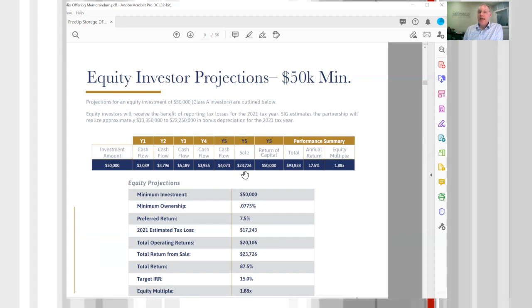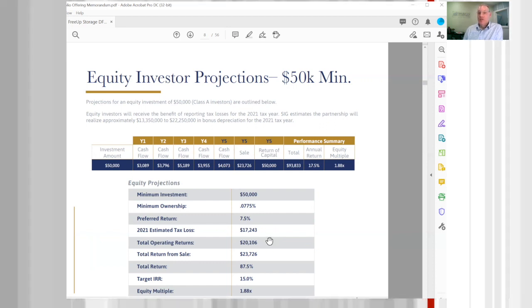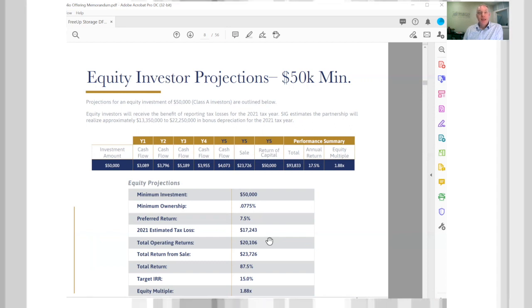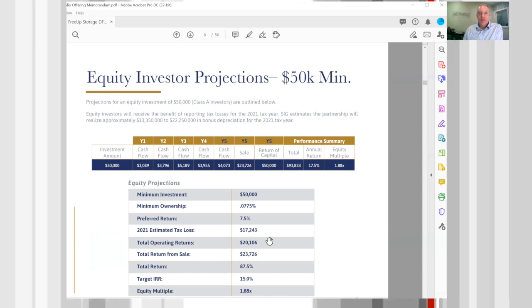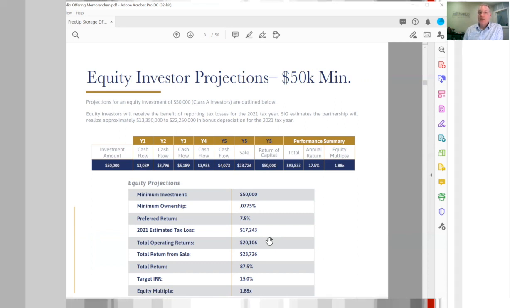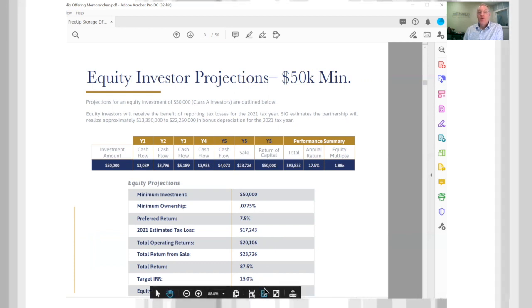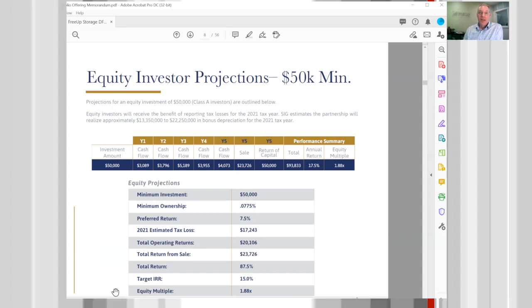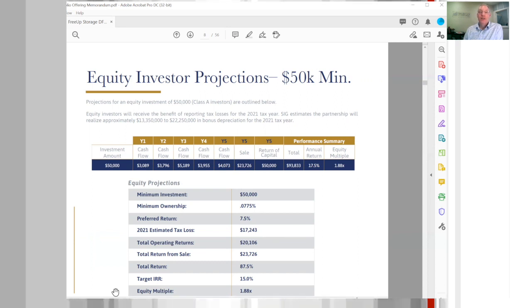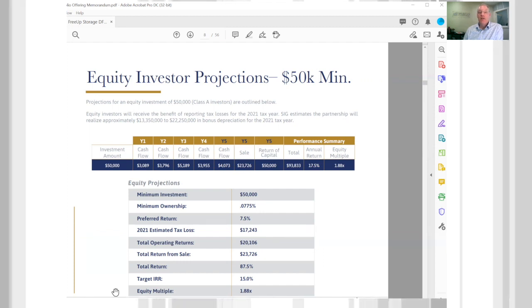You'd want to add that number to the $20,106, which is simply the sum of the cash on cash distributions. That number plus your basis divided by $50,000, which is also your basis, gives you 1.88. In essence, what we're saying is you're going to receive an 88% rate of return if the investment plays out over time the way we have modeled in our pro forma.